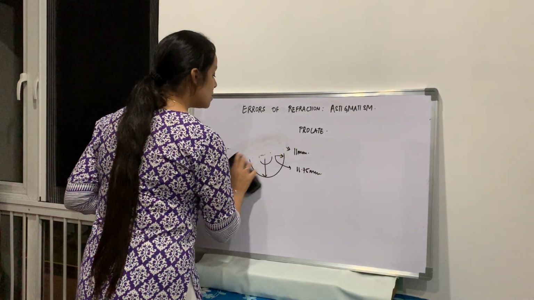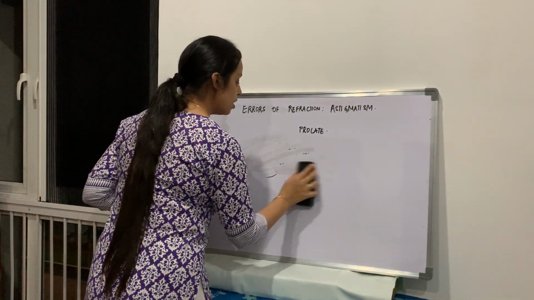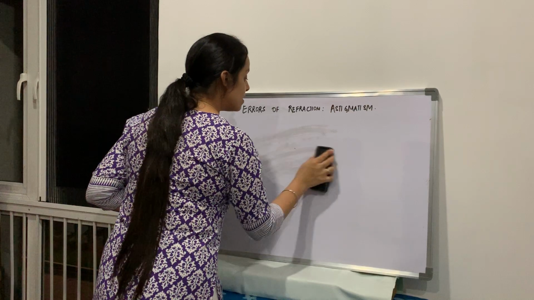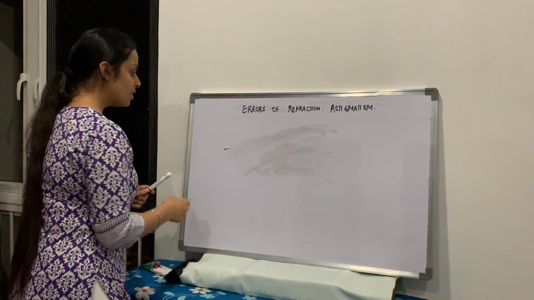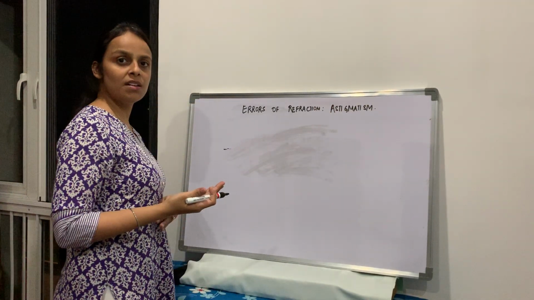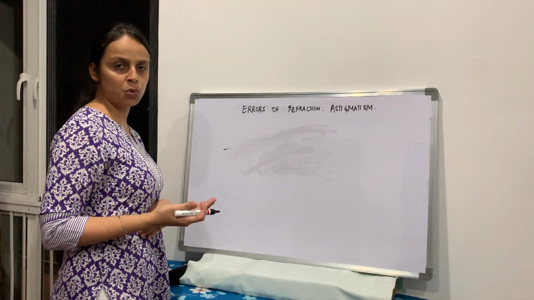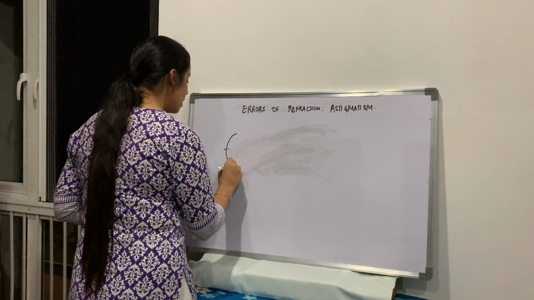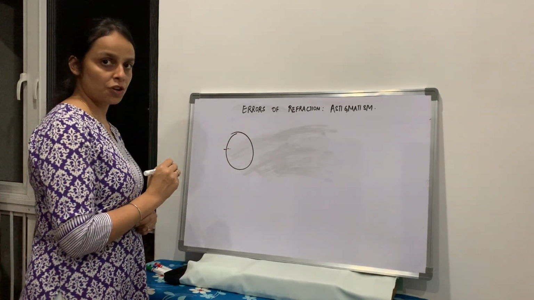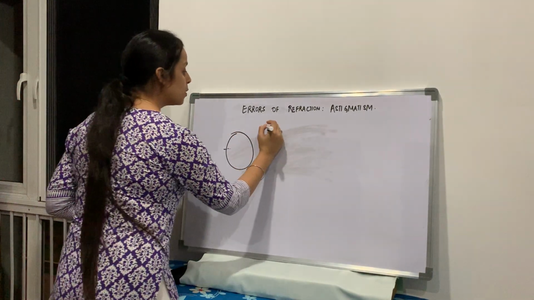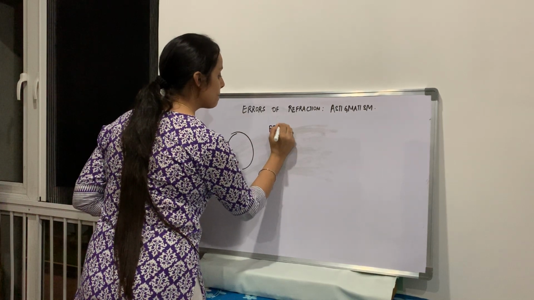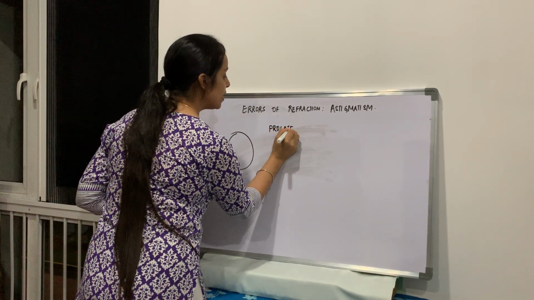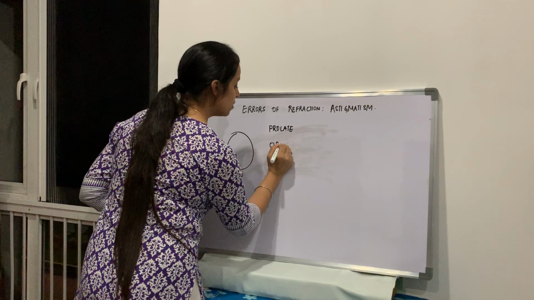Okay, however, this does not always happen. Sometimes this central structure through which the light is coming from the pupil may be a little bit flatter or a little bit steeper. So what basically will happen is that the structure which is presented for refraction can be either a prolate structure or it can be an oblate structure.